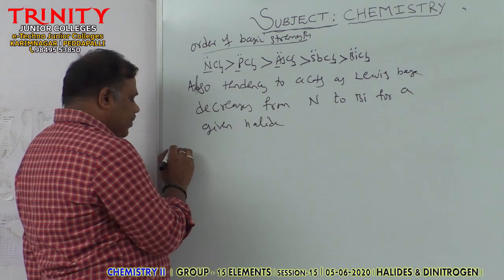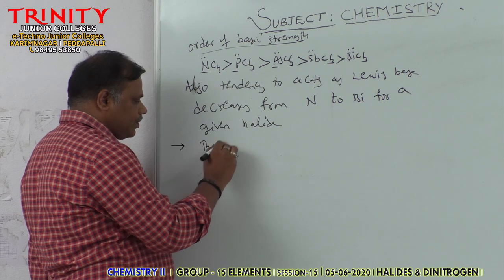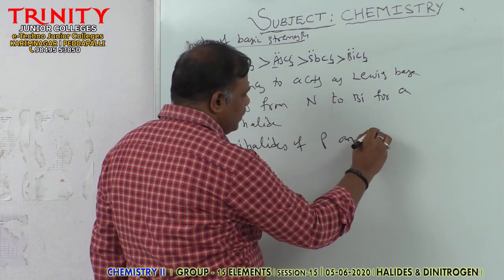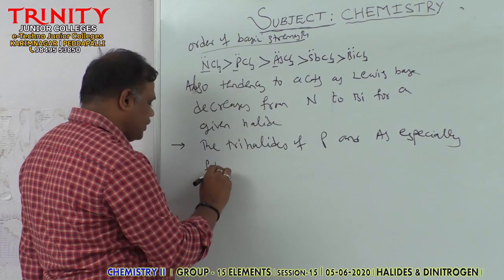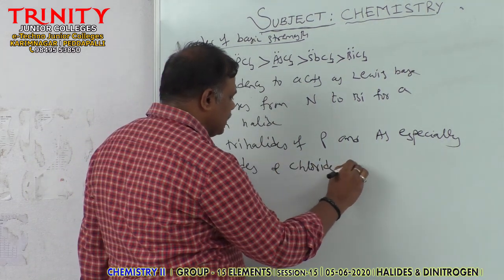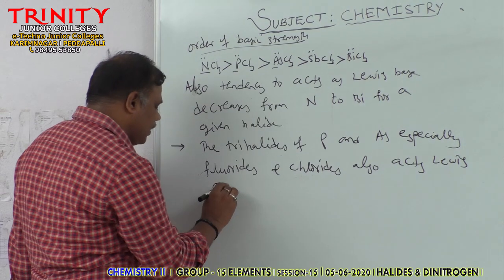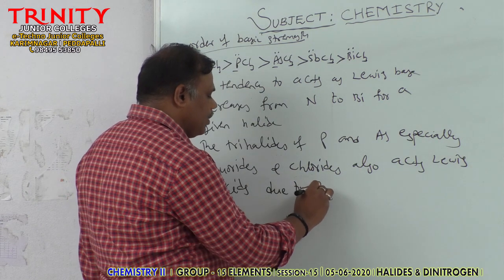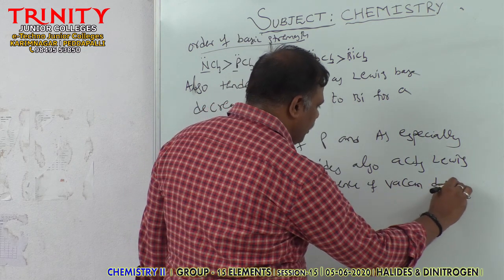One more point to remember: the trihalides of phosphorus and arsenic, especially fluorides and chlorides, also act as Lewis acids, accepting lone pairs of electrons, due to the presence of vacant d orbitals.